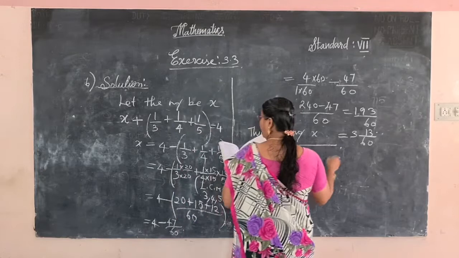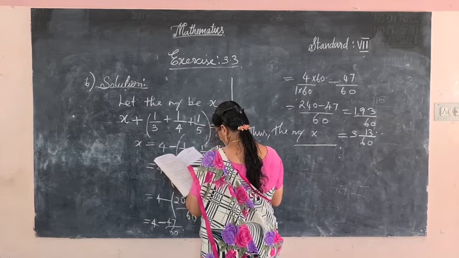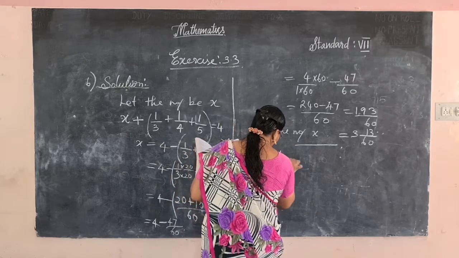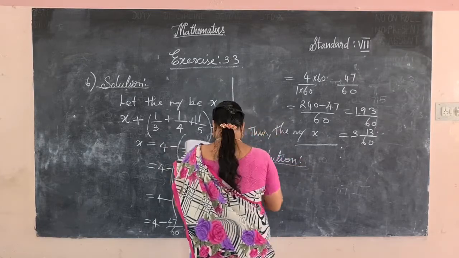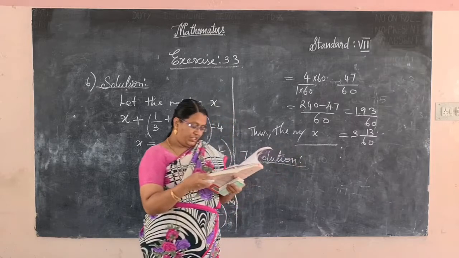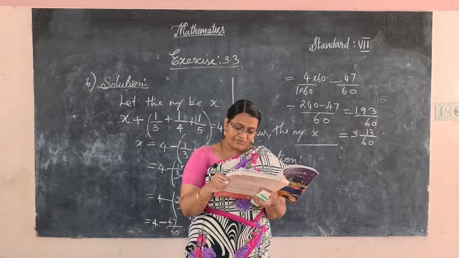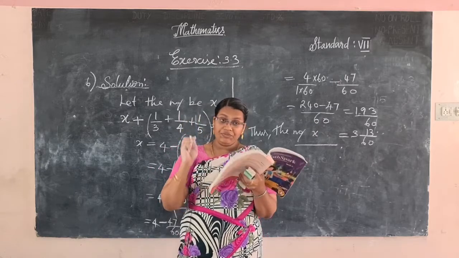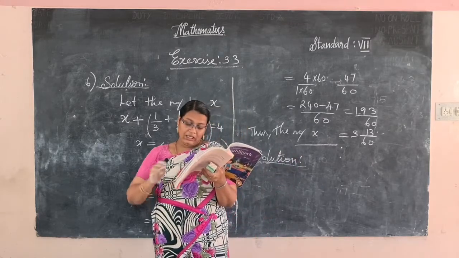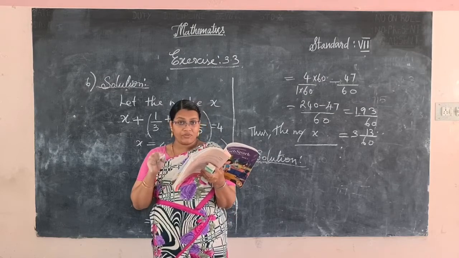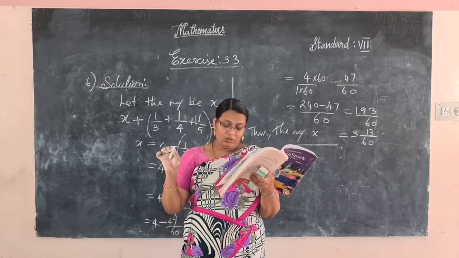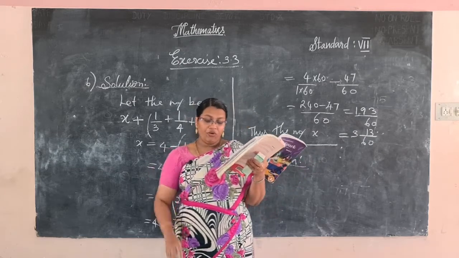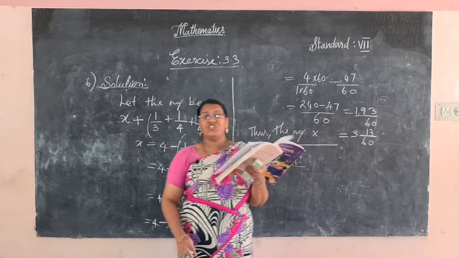Okay, and next one, 7th problem. If 35 shirts of equal size can be stitched from 49 by 2 meters of cloth, calculate the length of cloth required for each shirt.